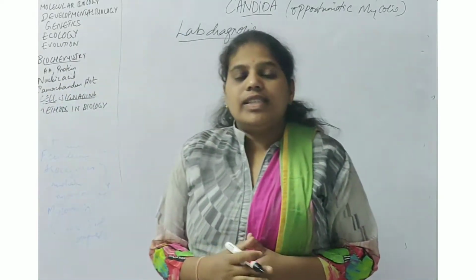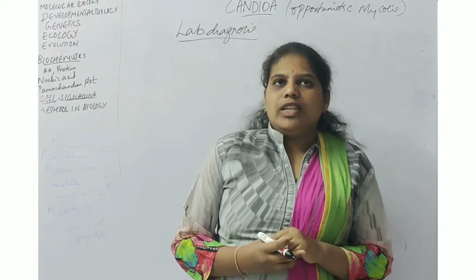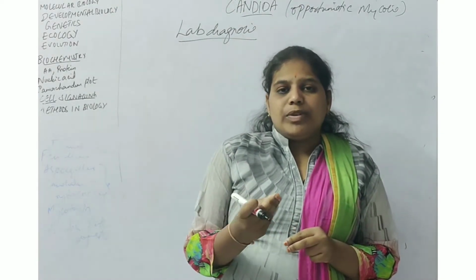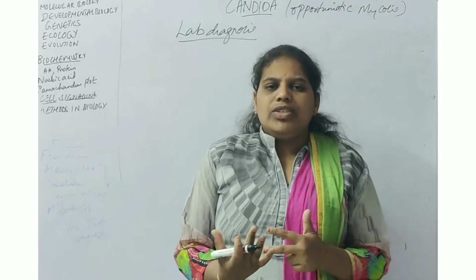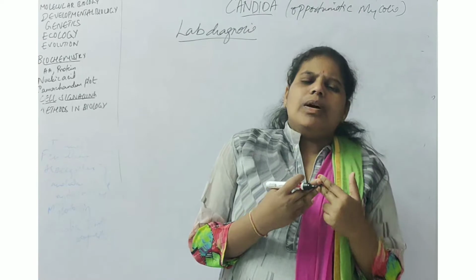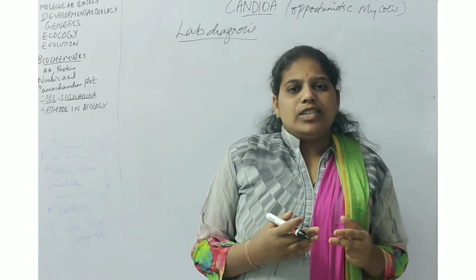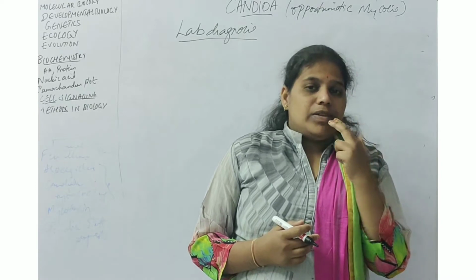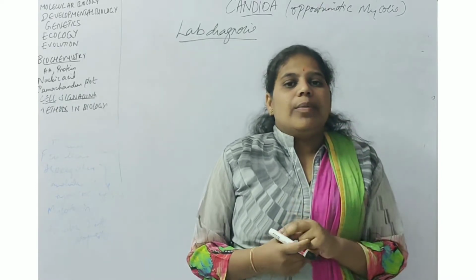Normally, how will we detect Candida? We can do direct microscopy by taking a specimen from the skin, from a lesion on our body, or from the mouth, the tongue or the buccal mucosa.